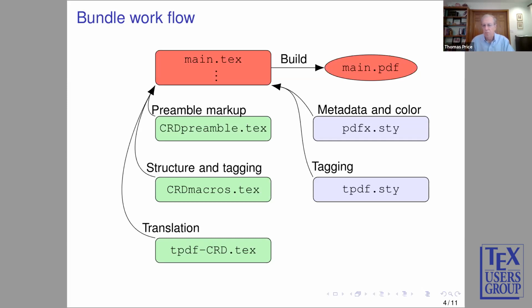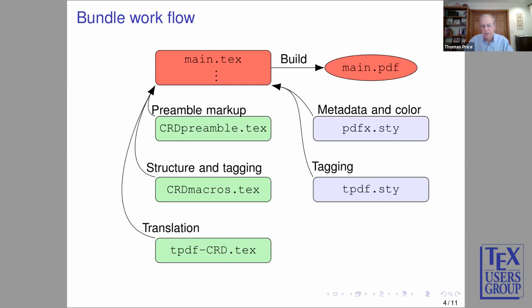There are exceptions to that. For example, the authors are going to have to tag images with little pop-ups, but that's handled very easily with a command that Ross has in his package. They have to identify header cells for tabular data. That is not very difficult. And so basically, most of the commands that they'll be using are CRD commands for center reference documents.